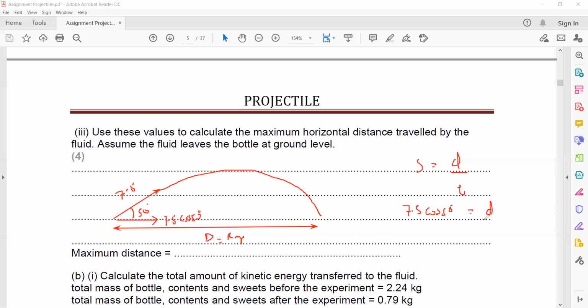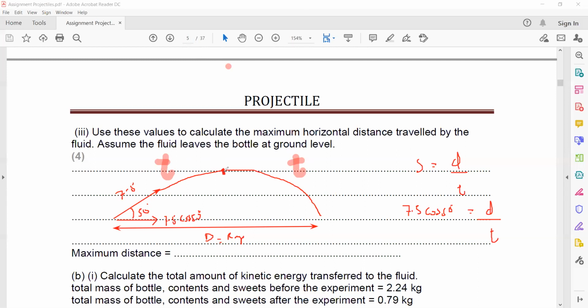Distance we don't know, and another unknown is time. So I cannot use this equation until I know the time. First, to get the time, I will use the vertical component and find how much time it will take to reach the maximum height. Because if I know the time taken by the projectile to reach the maximum height, then the total time will be twice that.